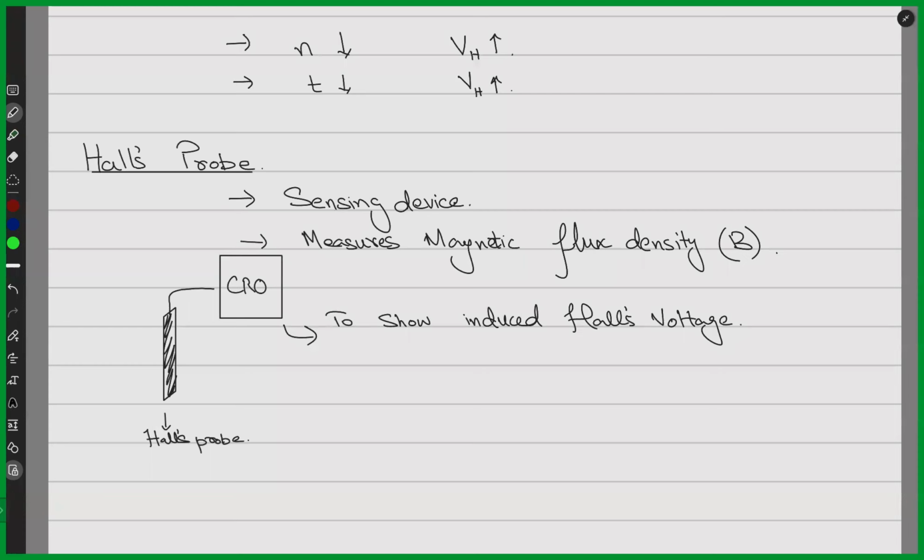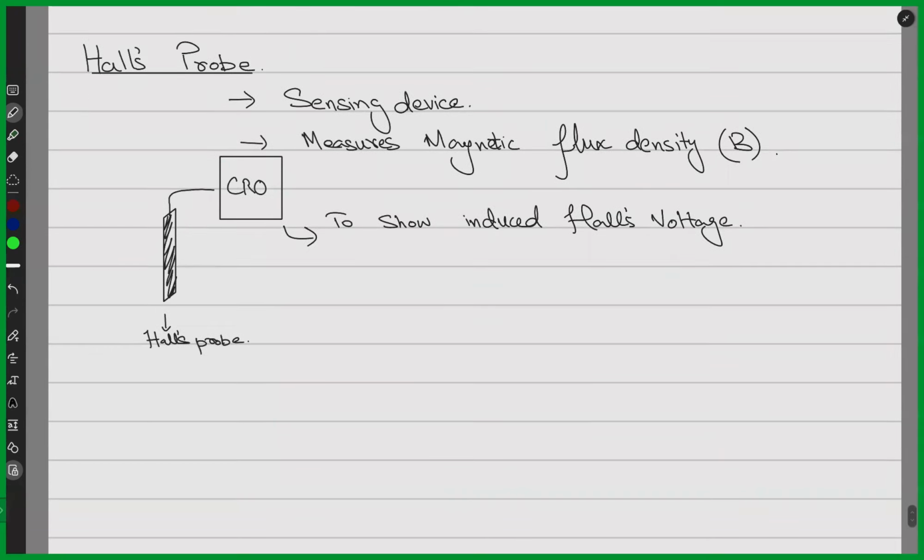So how do we use this Hall's probe? Again, as we started off, the magnetic field lines are perpendicular to the slice of the conductor, right?